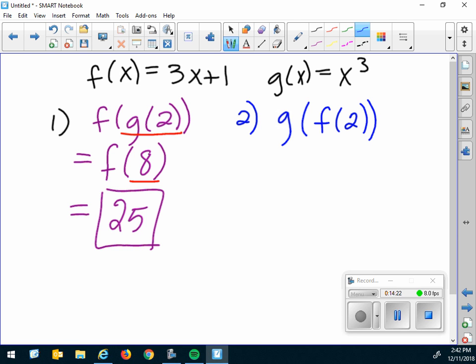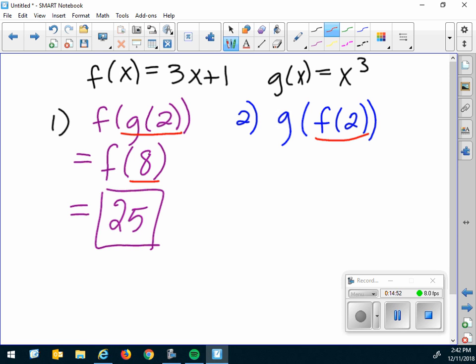Now, what function works first? F works first. Okay, hang on. Slow down. All right. We're going to do F of 2.